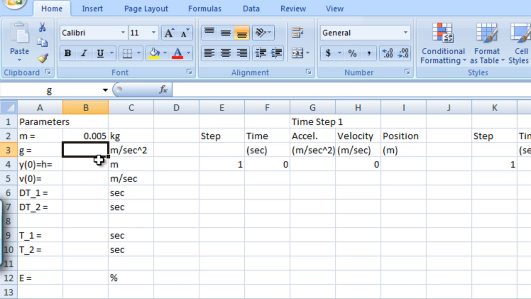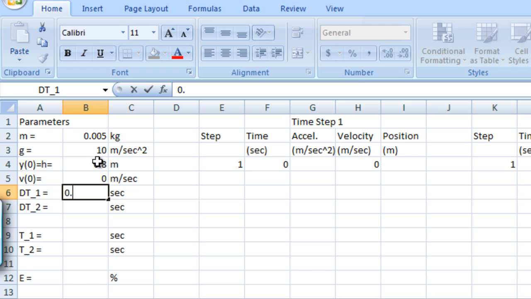For gravitational acceleration, little g, let's use a value of 10 meters per second squared just so that our Excel calculations will come out like those that we did in class. Of course, it should really be 9.8 meters per second squared. The initial height is 0.8 meters. The initial velocity is 0. And for a time step size, let's choose 0.2 seconds for starters.